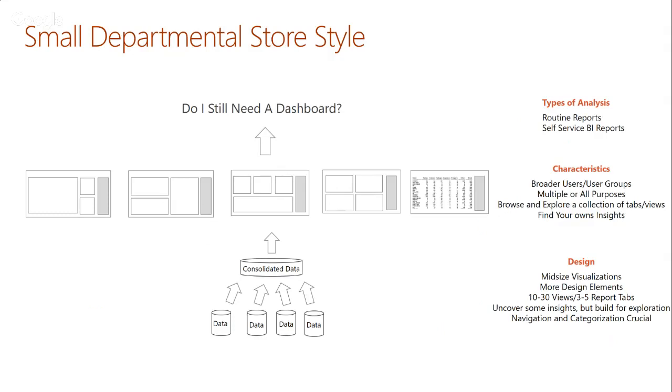You can think about which portion of your report falls into the category by reading the type of analysis, characteristics and design. You can reference the design to think about how to improve it. If my report falls into this category, I'm doing a routine report, I have broad users, all purpose, and I want to build for exploration, then how can I better design it? This design bottom portion really helps you evaluate your own and how you can improve it. Did I answer your question?